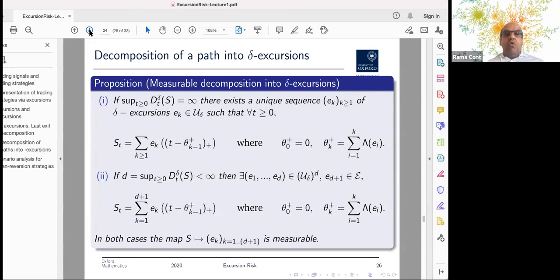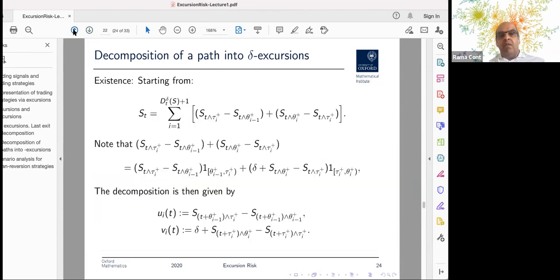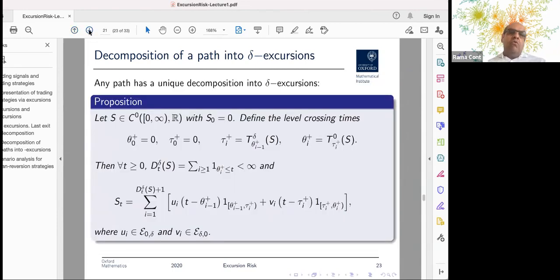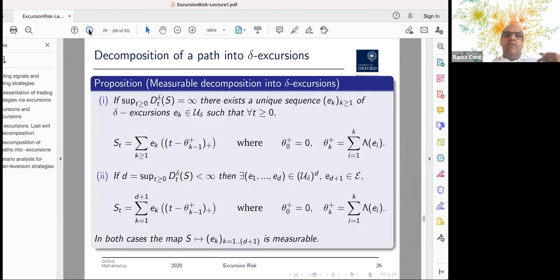So you can write this now in terms of a decomposition. I showed you explicitly what the decomposition is, but if you think of this decomposition into delta excursions as a map from the path S to some space of delta excursions, then you can check that it's a measurable map.